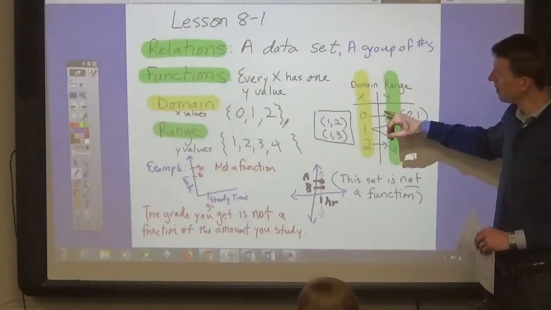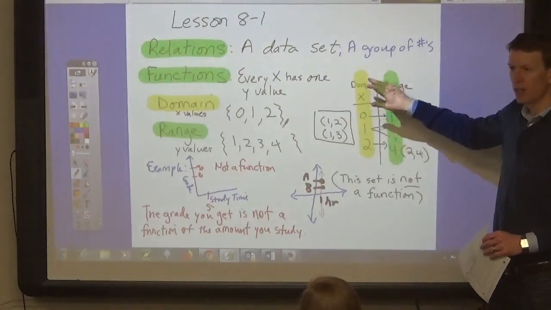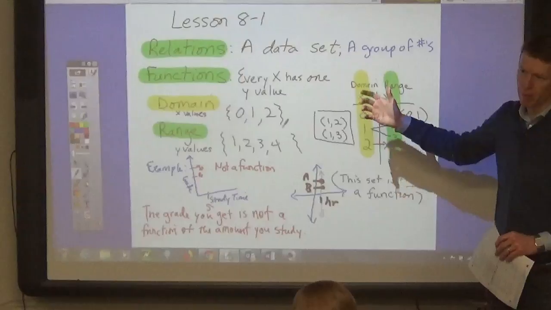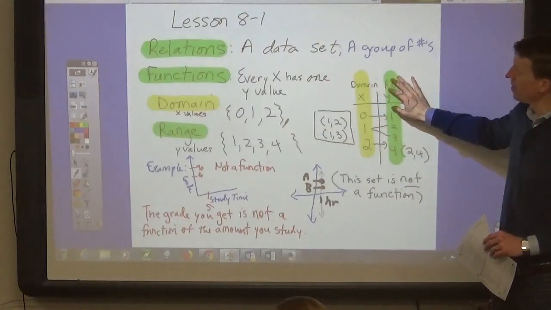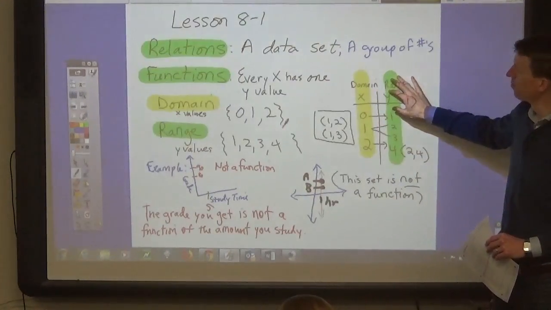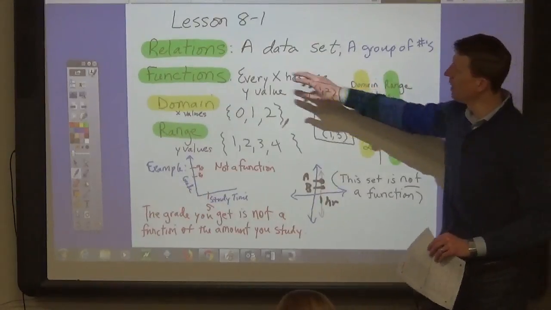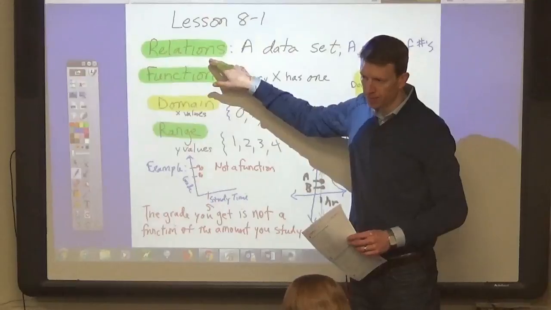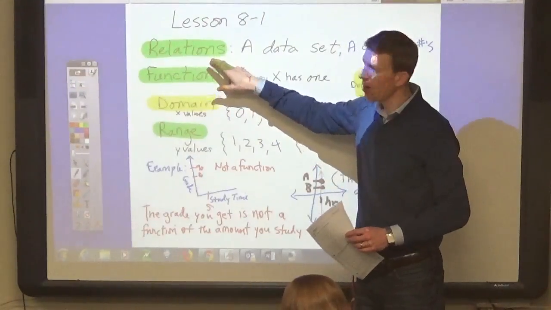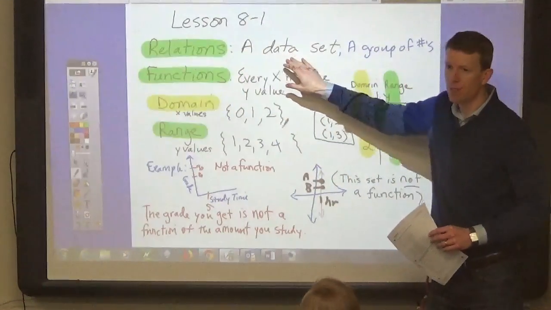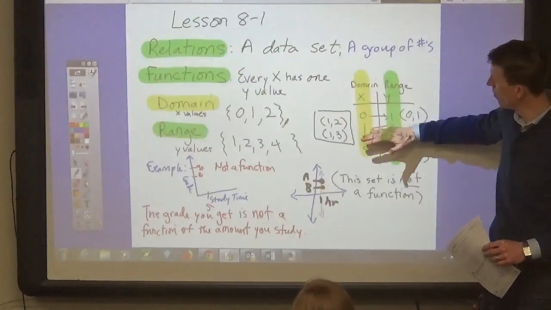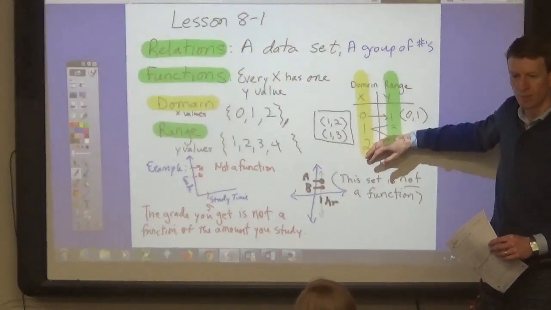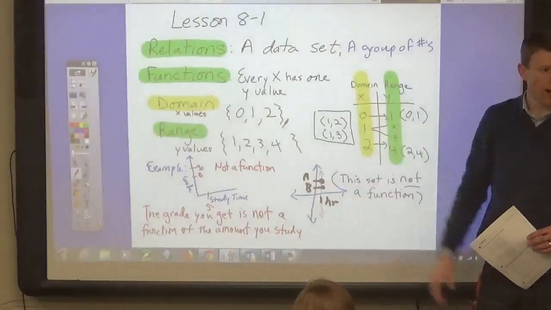And in this first lesson, we're going to learn some new vocabulary words that deal with graphing. Okay? The first is called a relation. Relations in math are a set of data or a set of numbers that go together that give you points on a graph.